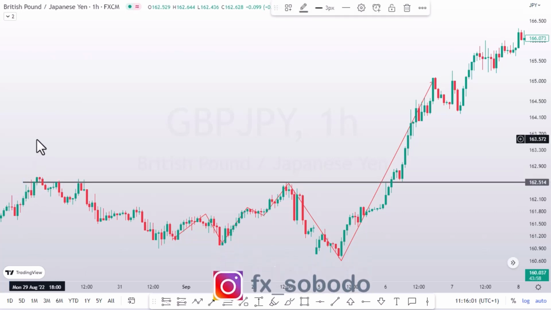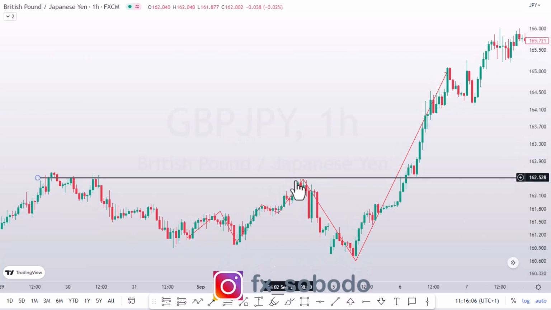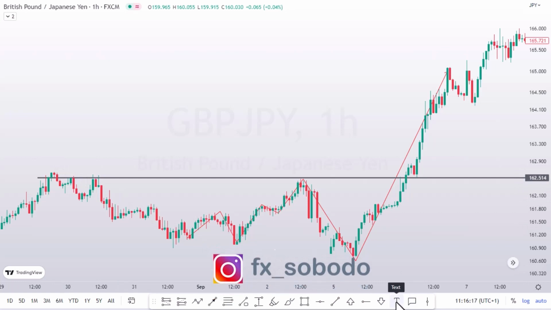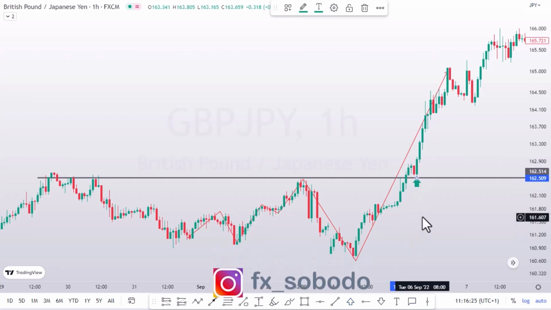What if? Because here, you notice at this level, price bounced at this level, bounce, bounce, bounce. So if you can see, it broke to the upside at this level, and what happened?